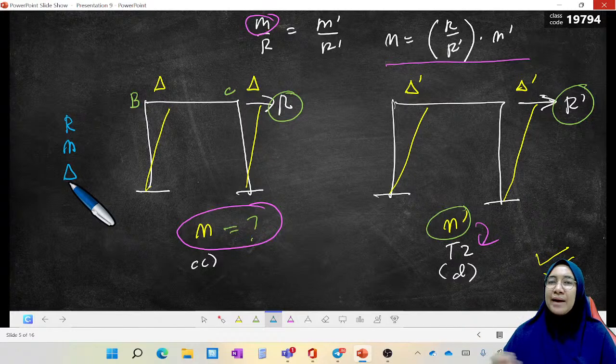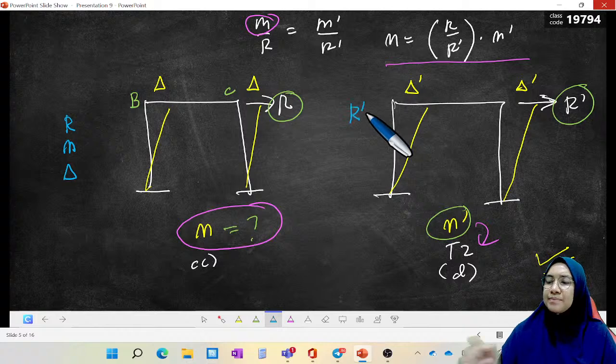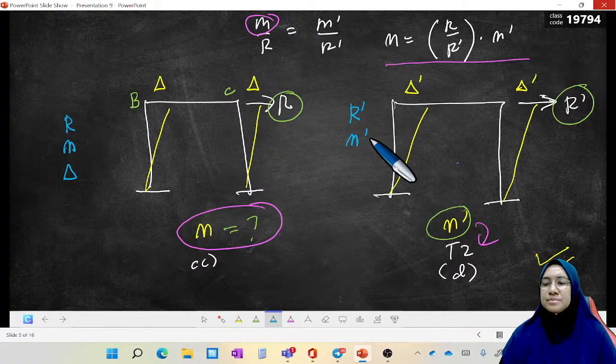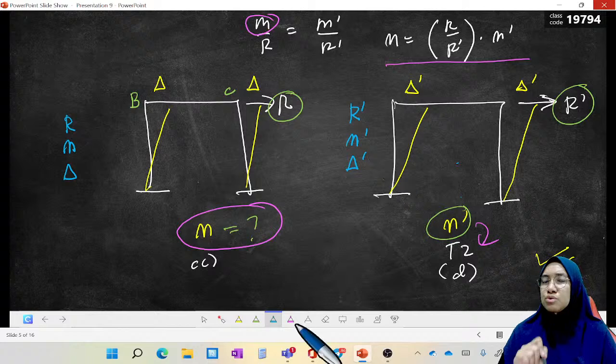And in diagram D, we have R prime and M prime, and this is due to delta prime. Remember, I said we don't need to know the delta value, so we don't need to know this.